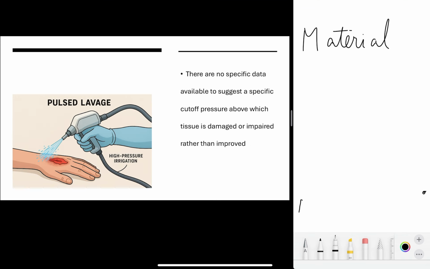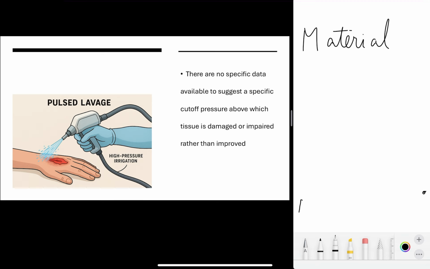Now, although higher pressure irrigators may lead to relatively minor local tissue damage and increased tissue edema, there is no specific data available to suggest what the cutoff pressure is above which the tissue is damaged or impaired rather than improved.